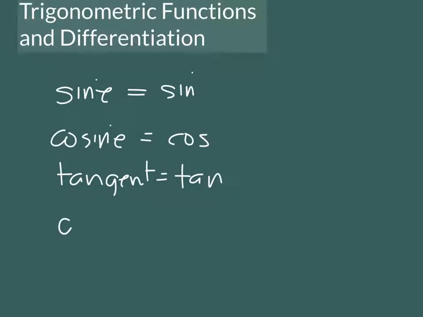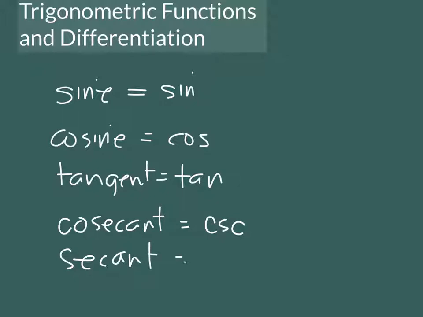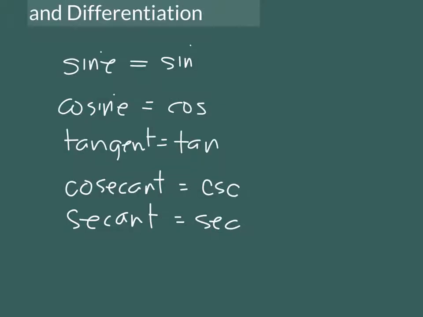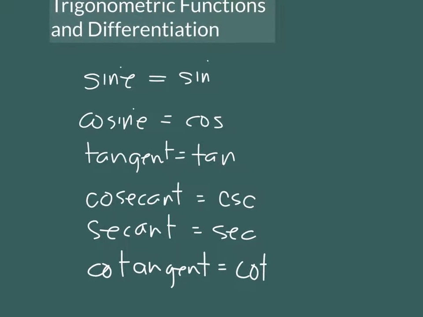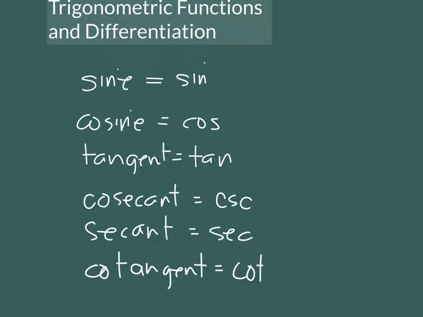Cosecant, so CSC, and then secant is equal to SEC, and then cotangent, which is abbreviated as cot. Okay, and these are, well, the main 3 functions are sine, cosine, and tangent.